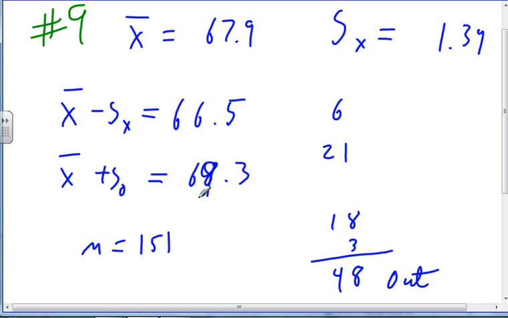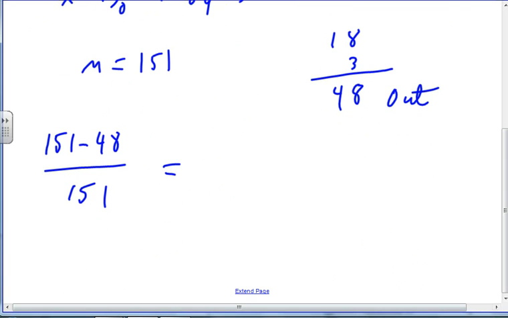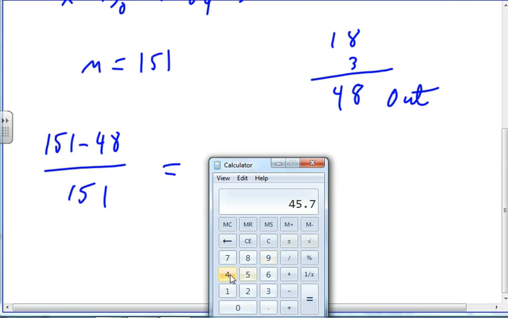The sample, the number, that's how many numbers there are. The frequency means how many numbers have that. Okay, I didn't realize the frequency. So I got 151 people here. Okay, so 151 minus 48 equals, divided by, that's pretty silly, because we all know that that's totally wrong.